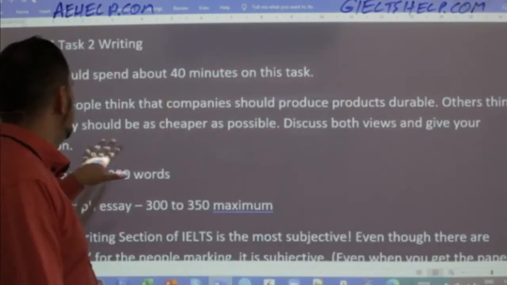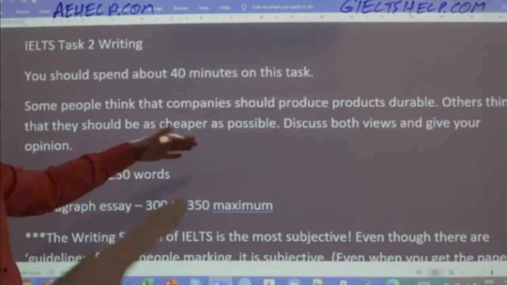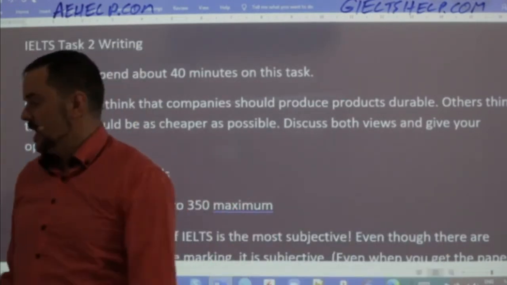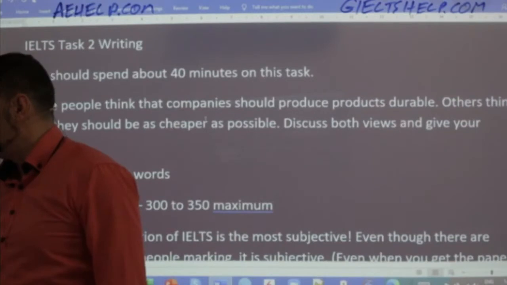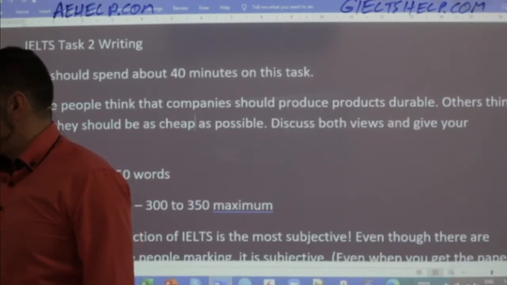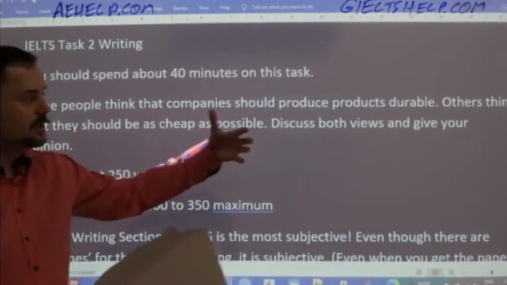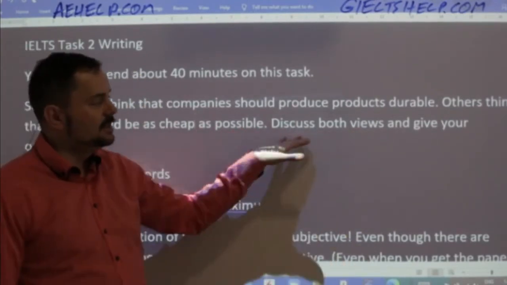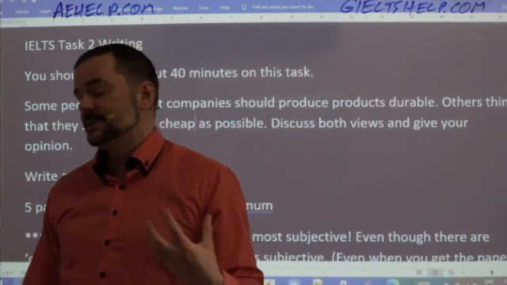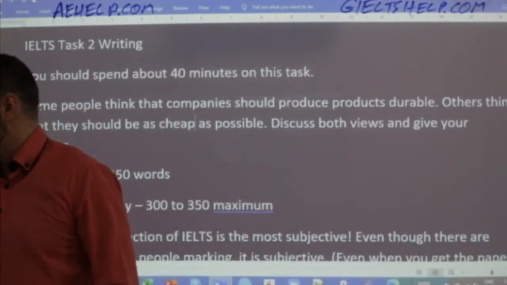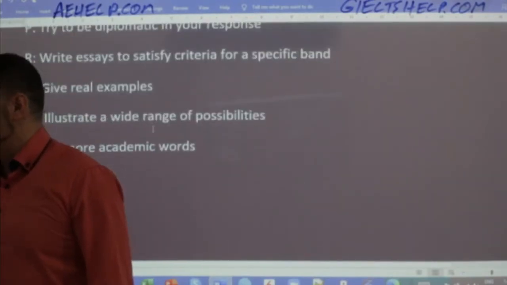Others think that they should be as cheap as possible. Discuss both views and give your own opinion. Okay? So this is kind of the lucky one because it's telling you to discuss both views, but I do think that oftentimes, even when it doesn't say that, IELTS does want you to reflect both sides of the argument. Okay? All right, so we'll get to that question in a second.